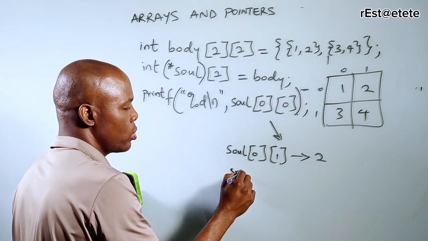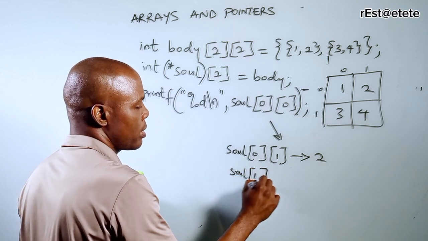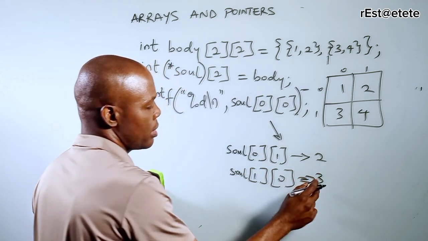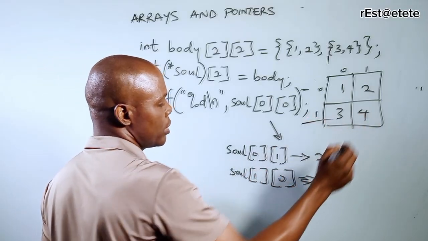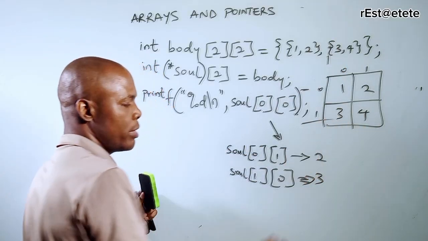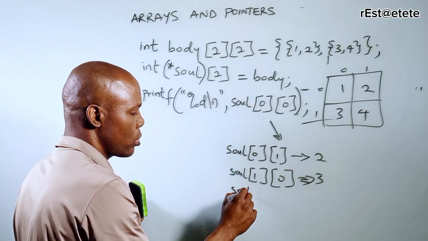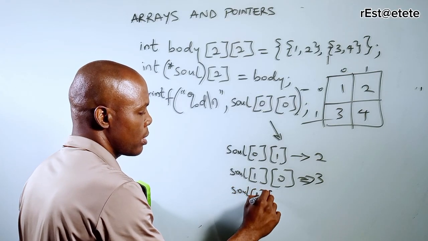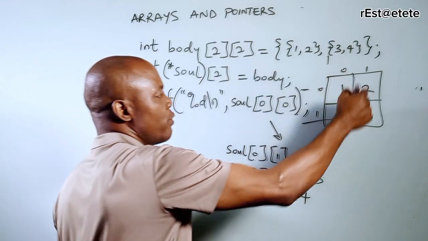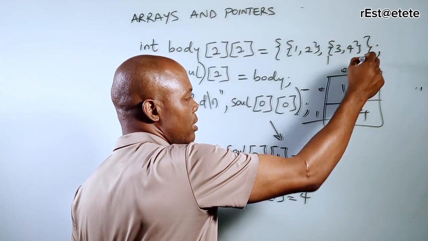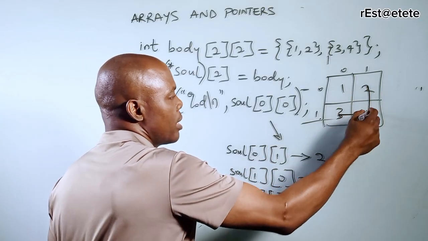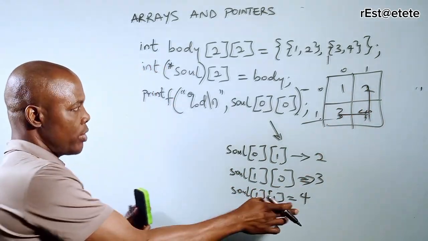Then if I do sol[1][0], this one will give me 3, right? Because I've moved to the second row and then the first column. That will give me 3. So if I do sol[1][1], this one will give me 4, meaning I've moved to the second row and second column. Where they meet is the field that will give me 4.